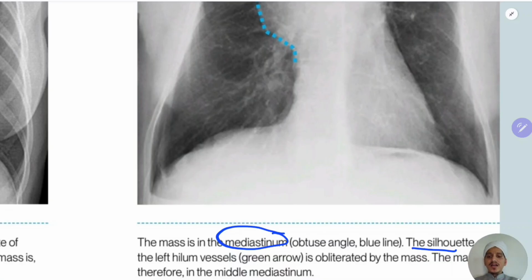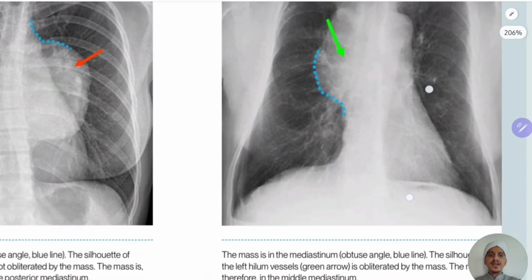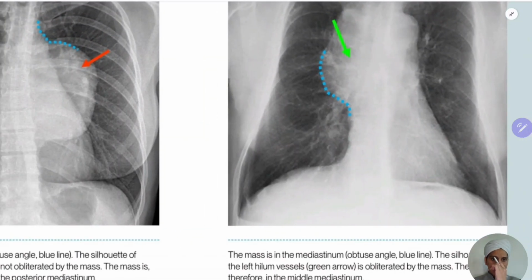If the left hilum silhouette sign is absent, that means with respect to the hilum vessels the mass is in the middle mediastinum. So the silhouette of the left hilum vessels, green arrow, is obliterated by the mass. So the mass is therefore in the middle mediastinum. Silhouette is like the borders. So it is a mediastinal mass which is present in the middle mediastinal compartment.